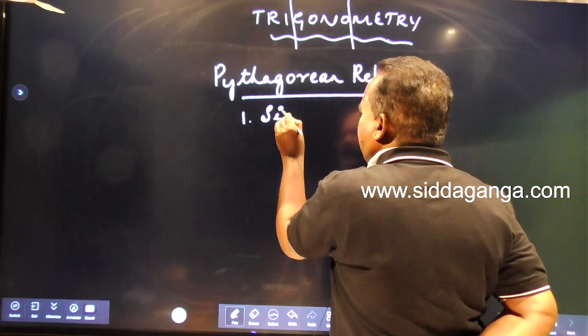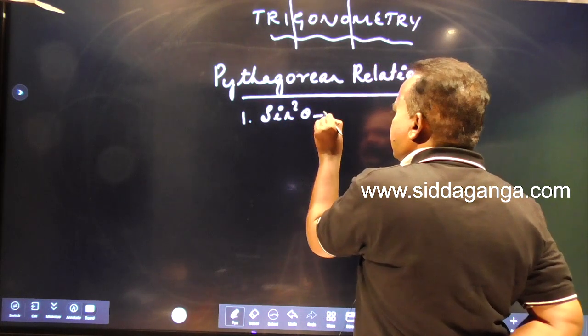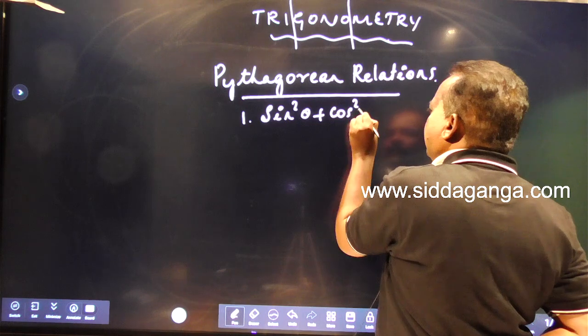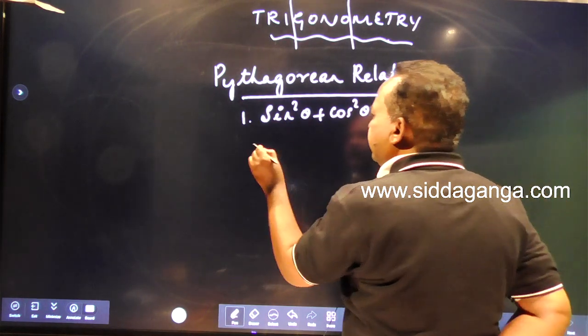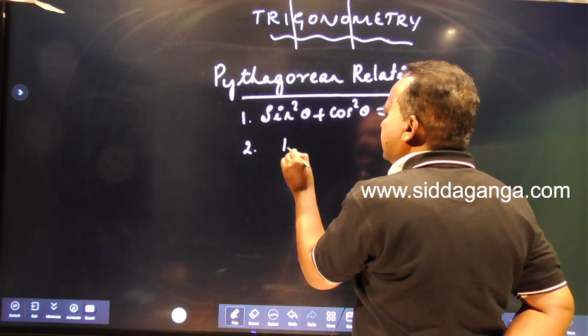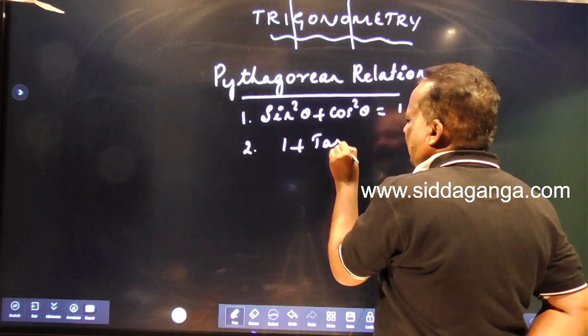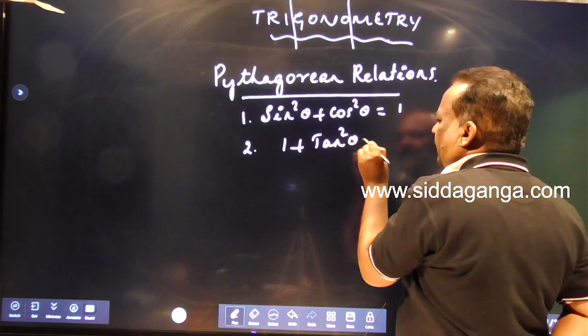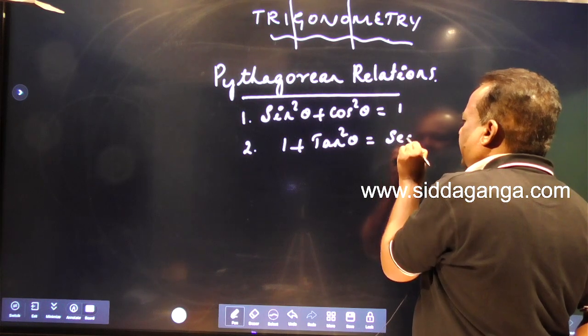sin square theta plus cos square theta is equal to 1. Second one is 1 plus tan square theta is equal to secant square theta.